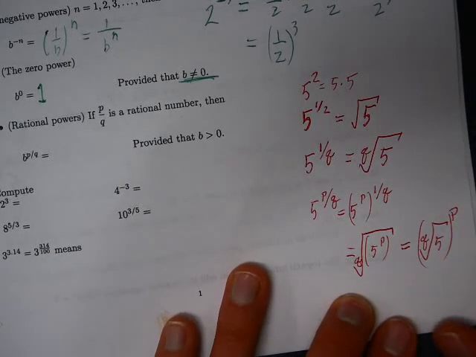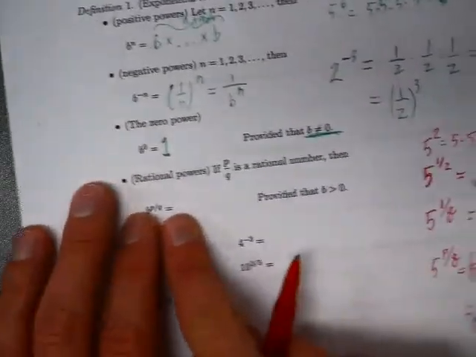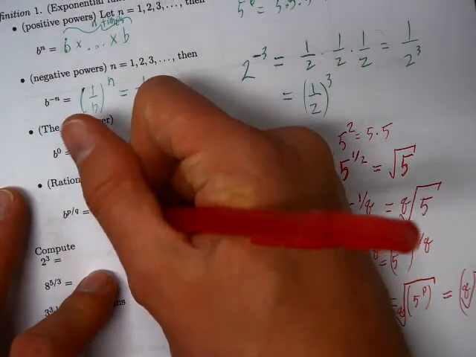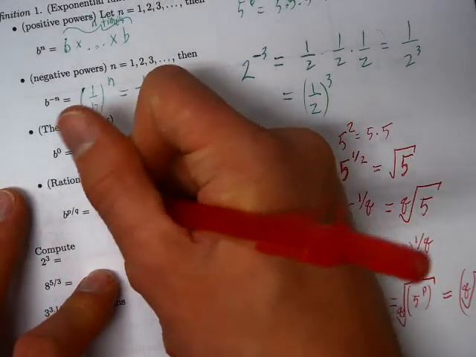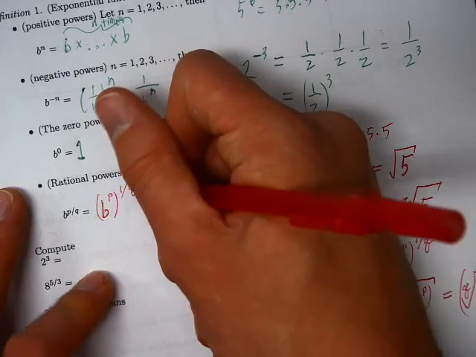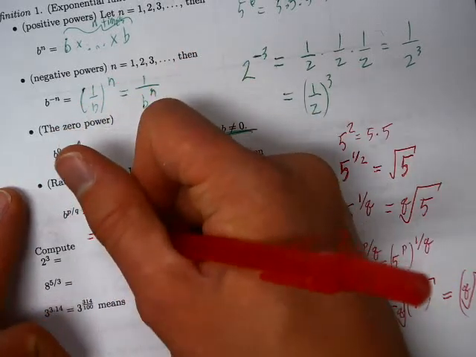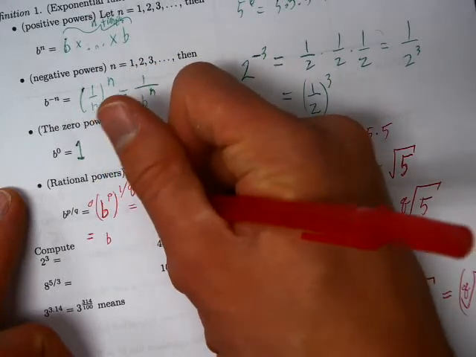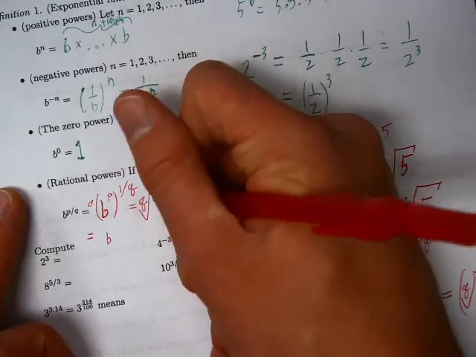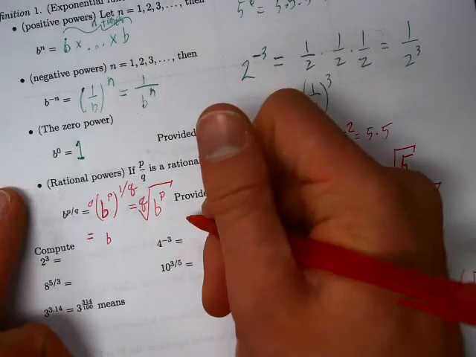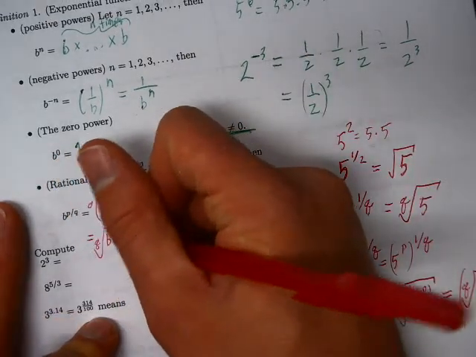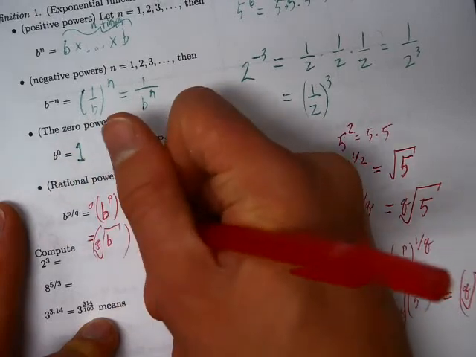And that's how we'll define b to the p over q in general. b to the p over q, I will always define to be b to the p raised to the 1 over q, which is the q-th root of b to the p, or take the q-th root of b and then raise that to the pth power.